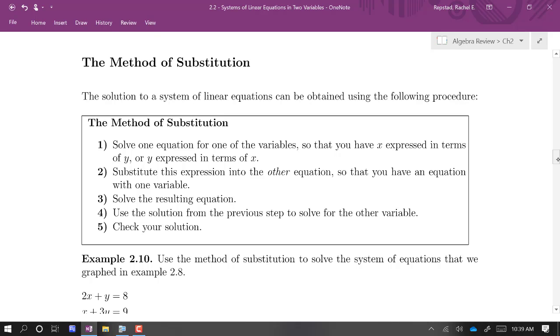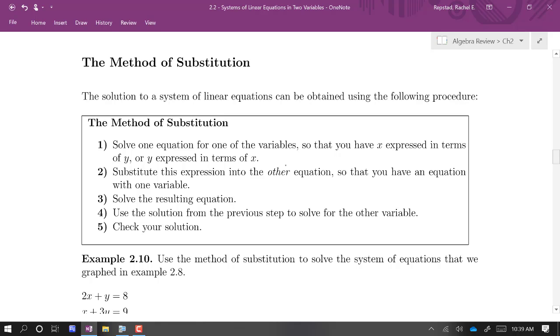One is the method of substitution. In that method, we're going to pick one equation and solve it for one of the variables. It doesn't matter which equation or which variable, so usually we pick whichever seems like an easy option. And then once you have that expression, you plug it into the other equation.